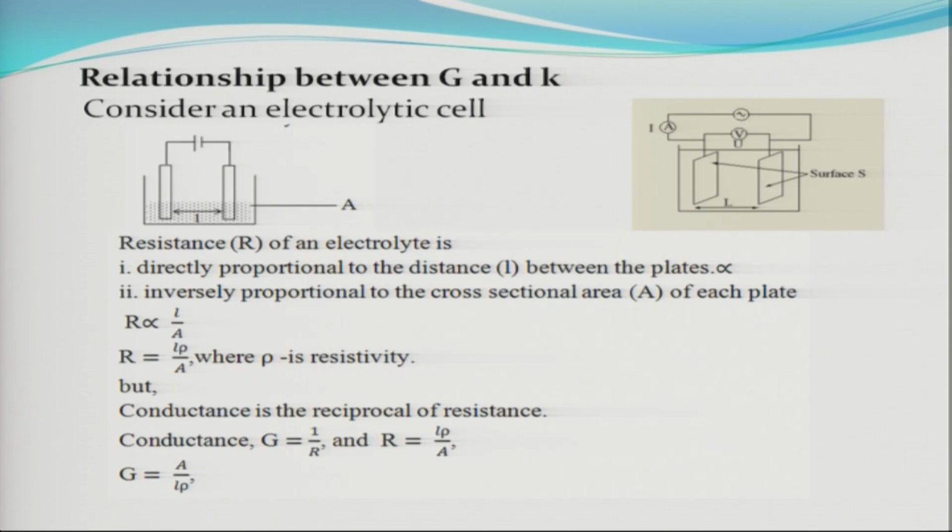Then we said R is equal to L times resistivity divided by cross-sectional area. But conductance is the reciprocal of resistance, so conductance will be 1 over R. We say R is equal to this one, so we get this R here, and then we substitute it here. Then we can get our G.